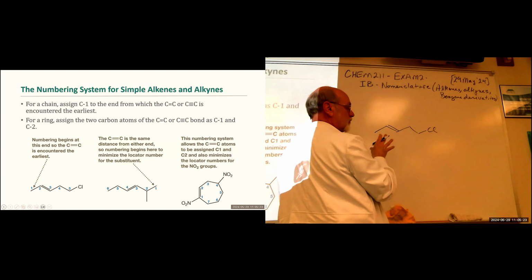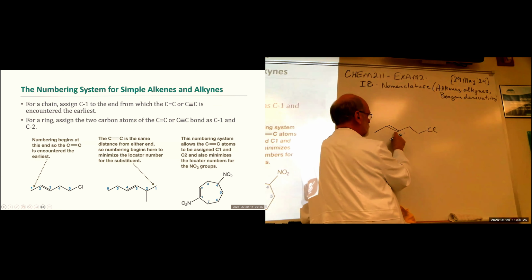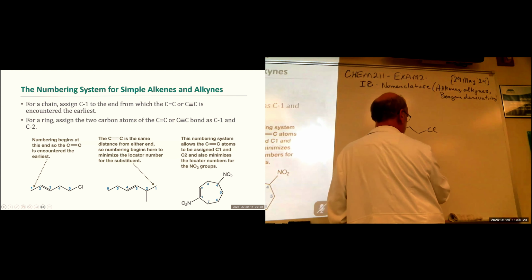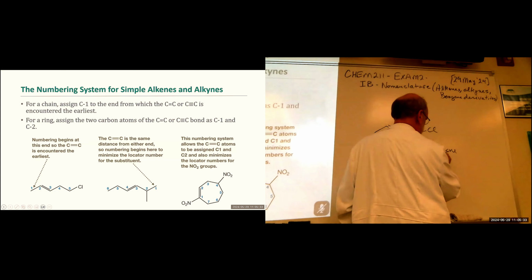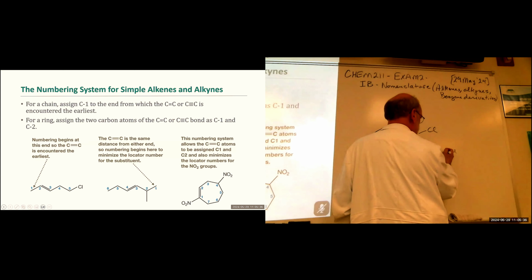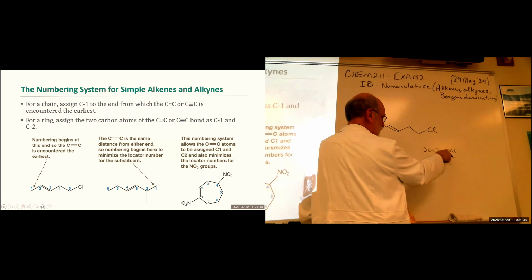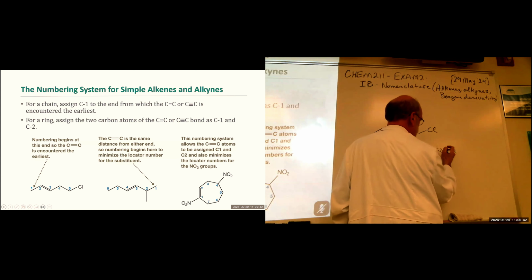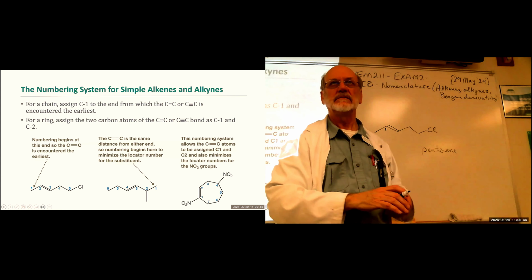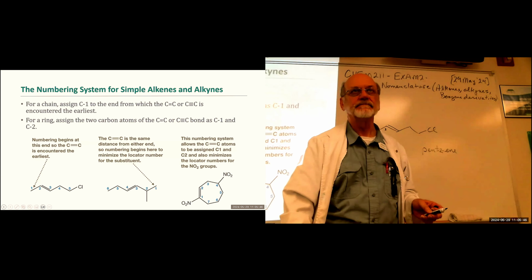All right, what's the parent first? 1, 2, 3, 4, 5. So that would be pentene. And the convention is the number goes in here before the ene. So it's pen-2-ene.